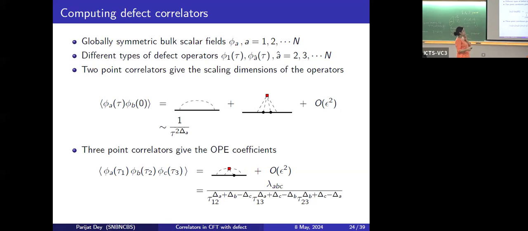This power law behavior is not surprising. It is the behavior of a correlator in a CFT, because along the line we have this CFT structure. Similarly, the 3-point function can be computed and has similar behavior, and from this diagram one can compute the OPE coefficients, these lambdas.